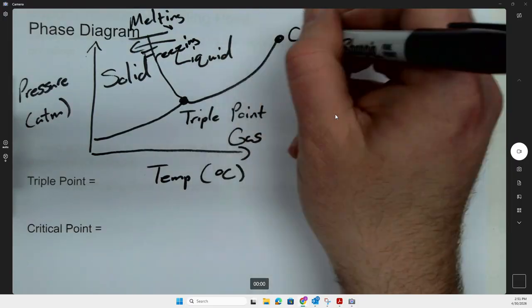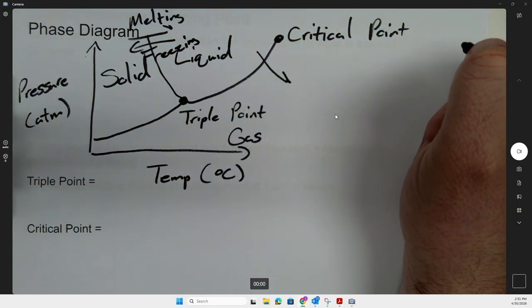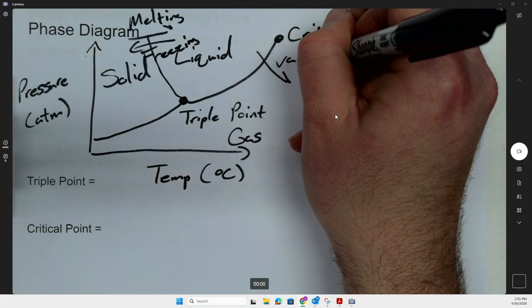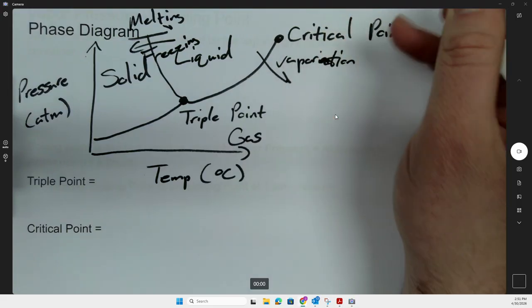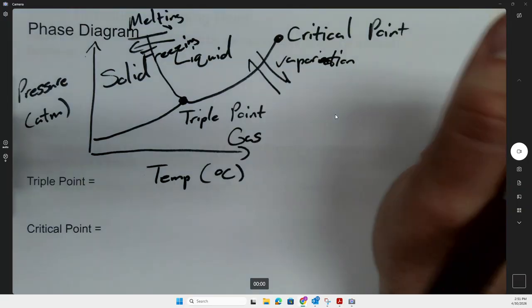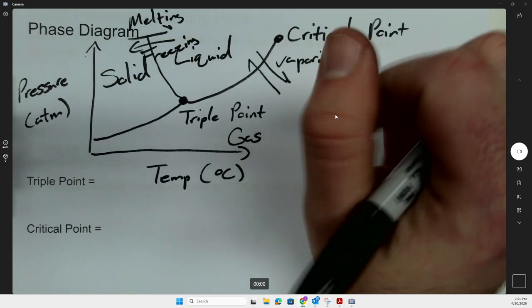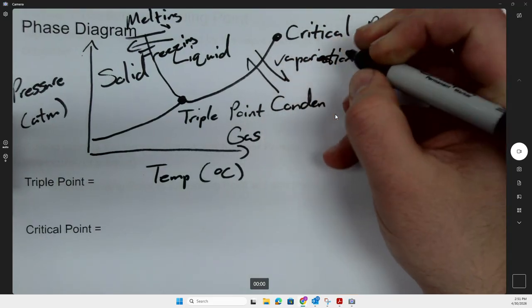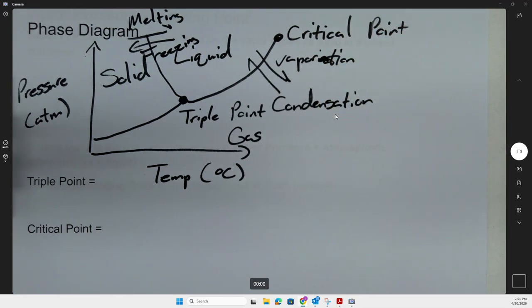If my liquid becomes a gas, what do we call that process? Evaporation. What do we call it when my gas becomes a liquid again? Starts with a C. Condensation. I hope you did. We talked about it in biology last year. Earth science too.